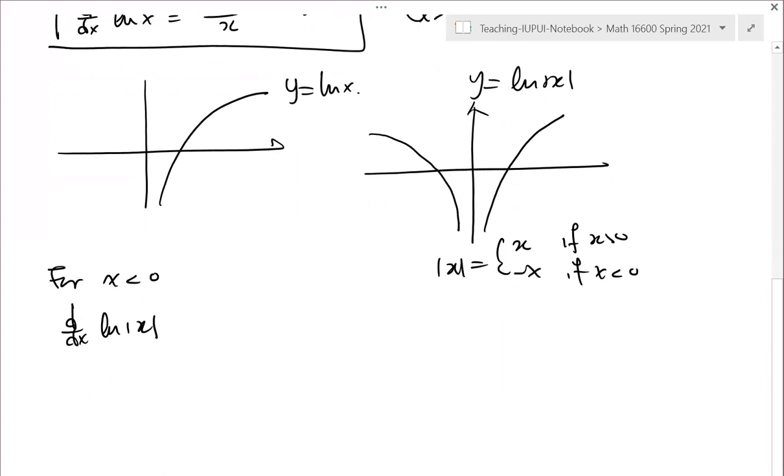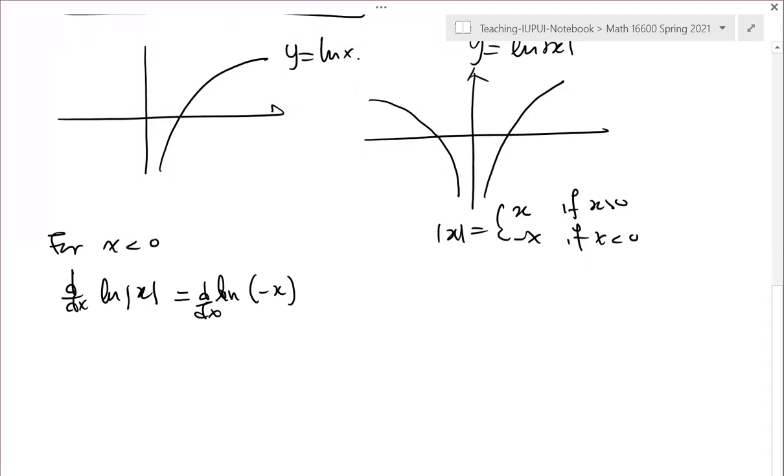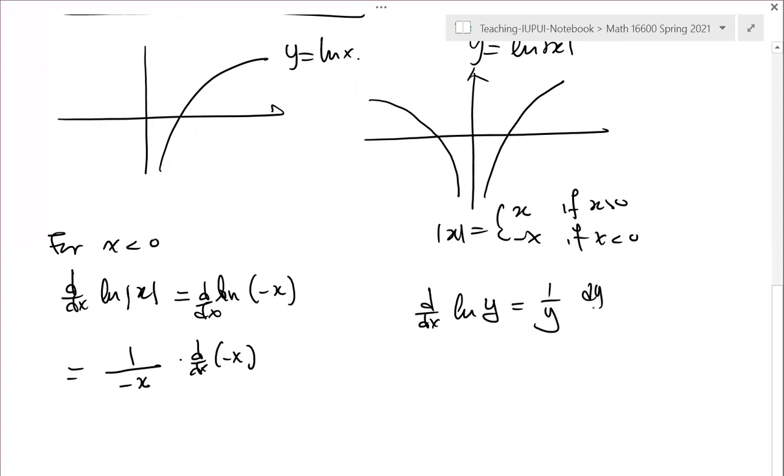So for x less than 0, this is going to be the derivative of natural log of negative x, because x is negative. By the chain rule, first is going to be 1 over negative x, then the derivative of negative x. Remember, the chain rule says that the derivative of natural log of y is going to be 1 over y, then dy over dx.